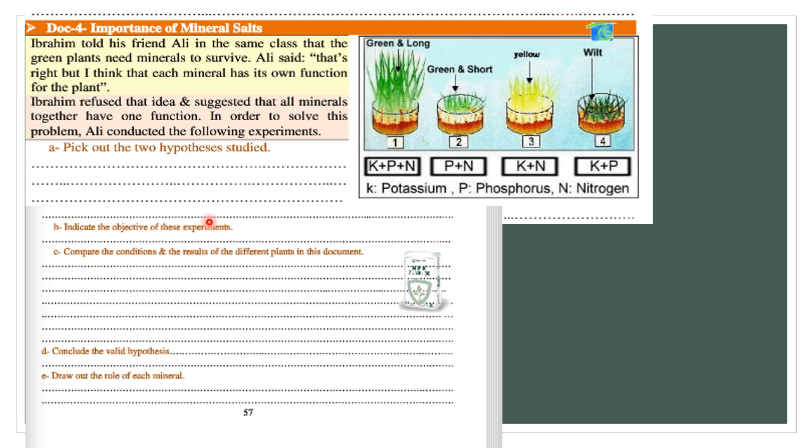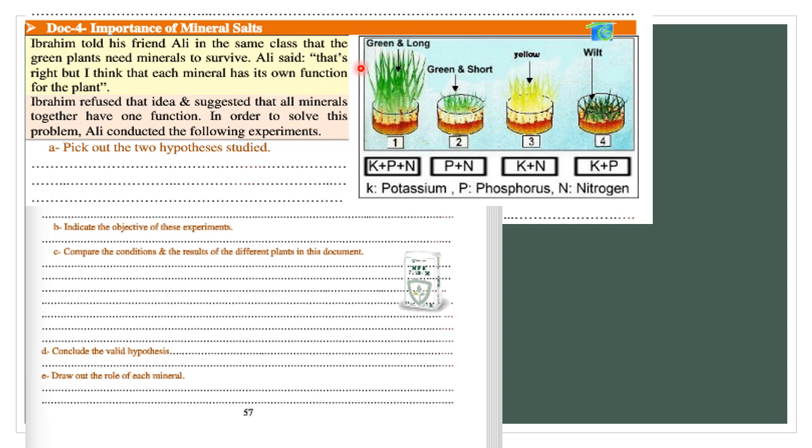Conclude the valid hypothesis. Which hypothesis is validated? It's Ali's hypothesis, right? How did we know? Because we conclude from this experiment that the absence of a mineral can cause a deficiency or a specific condition in the plant that causes a specific result.